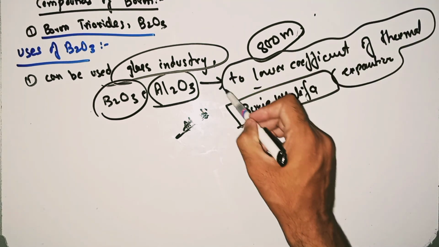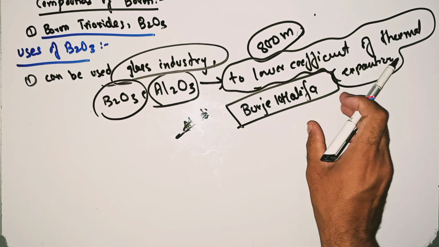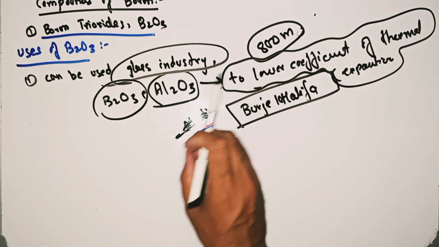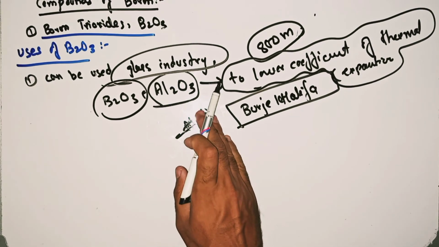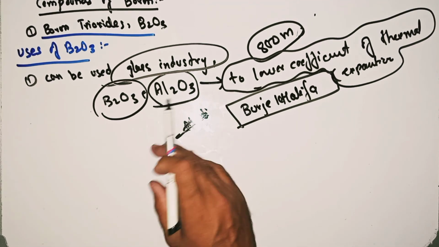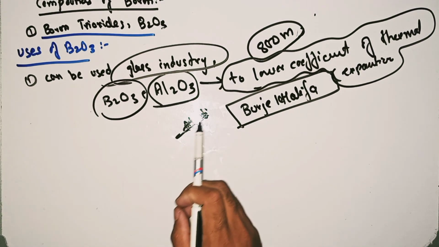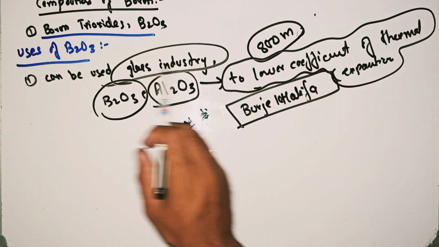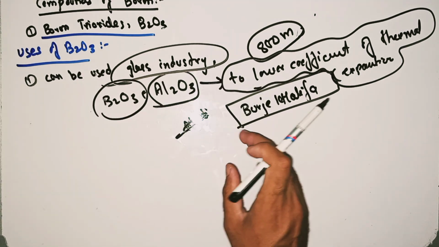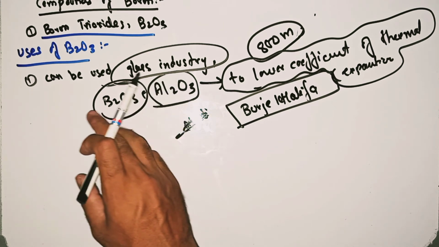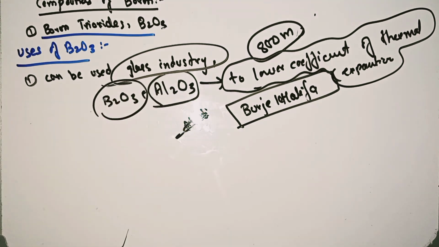Even at very high temperature, the change in internal temperature will be very small, so the internal temperature will stay constant. That is the advantage of boron trioxide, a very great use of it in the glass industry.